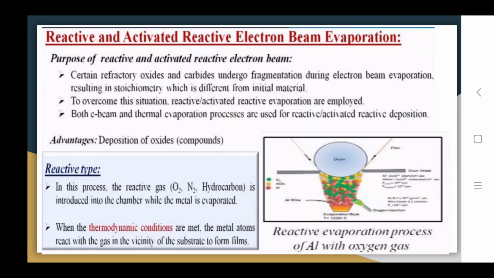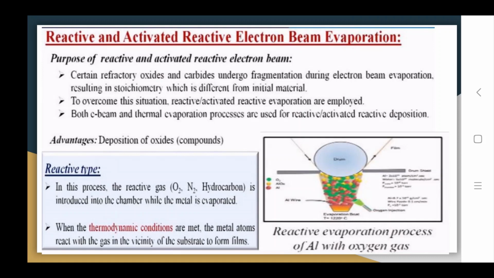So while that source material is going into the vapor form, it can change its characteristics. So whatever material we want as a coating material, that property can change. So we are using the combination of both the thermal evaporation process and the e-beam evaporation process together in this reactive and activated reactive electron beam evaporation technique.